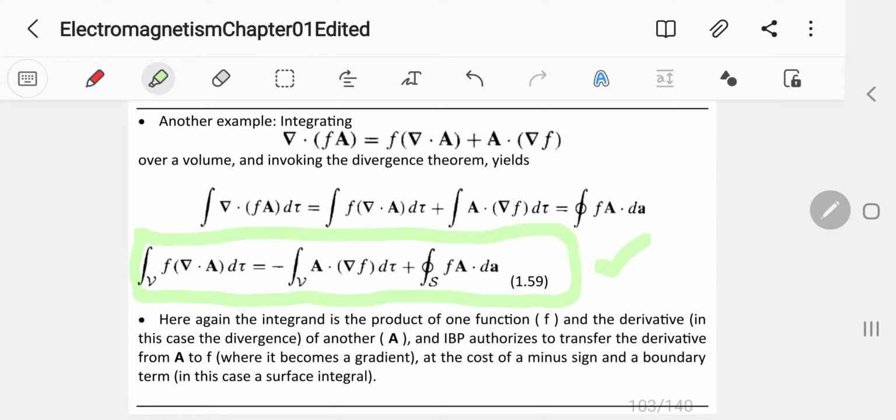Later on, in solving some problems, you just have to associate an integral with this expression here, and then if you find that, you will be able to easily integrate it using this expression.